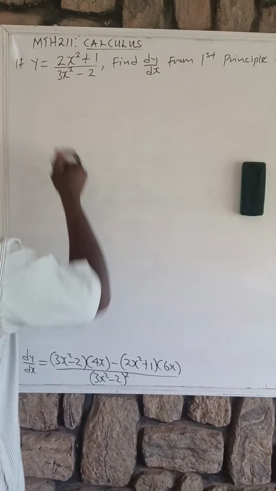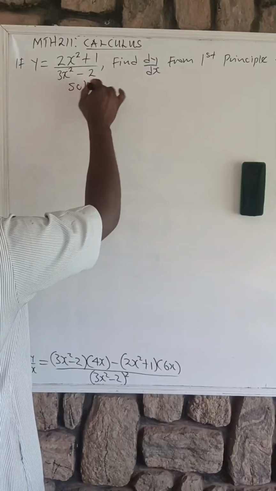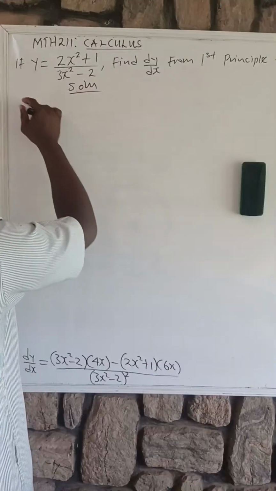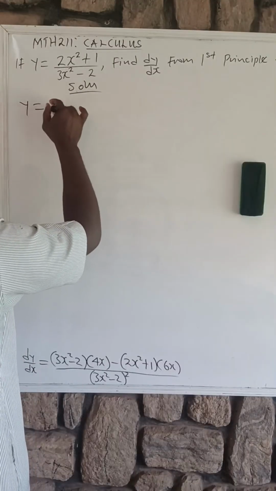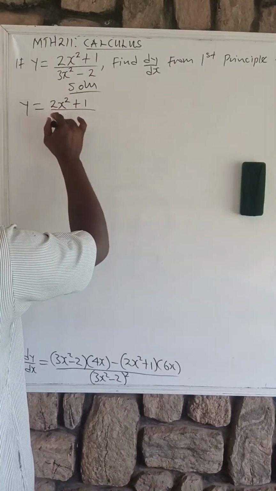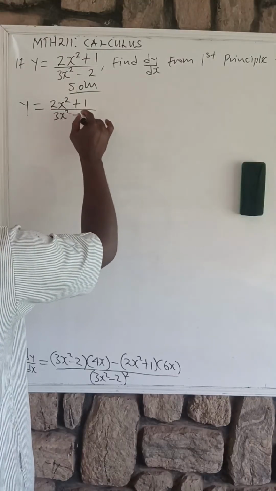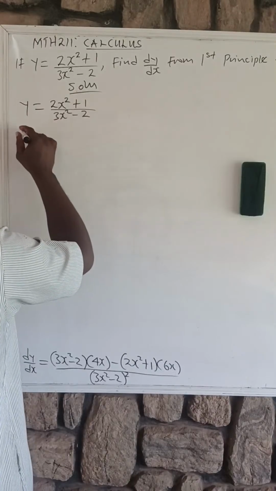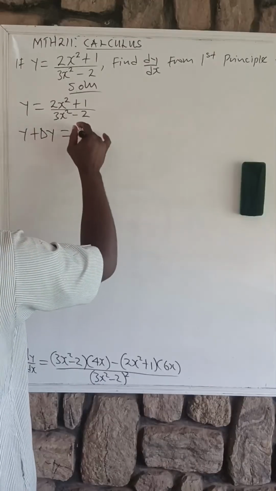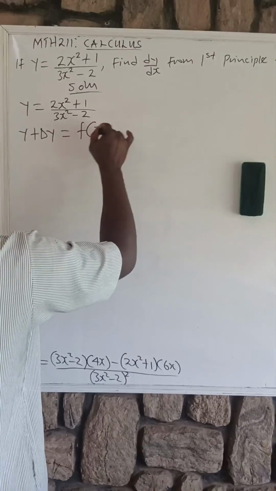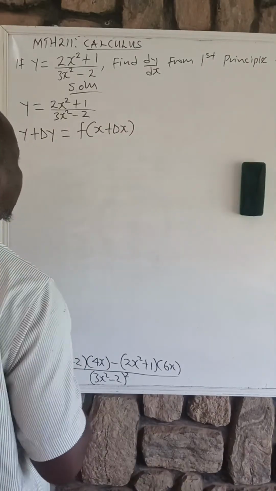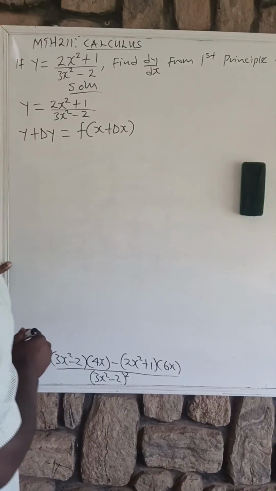So let's write the solution. y is equal to (2x squared plus 1) all over (3x squared minus 2). The first principle is y plus dy equals the formula, with x replaced by (x plus dx), right? So far so good.